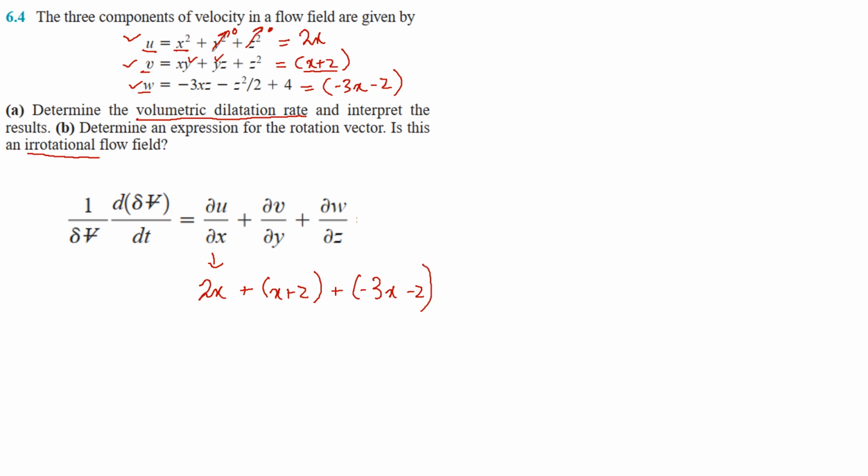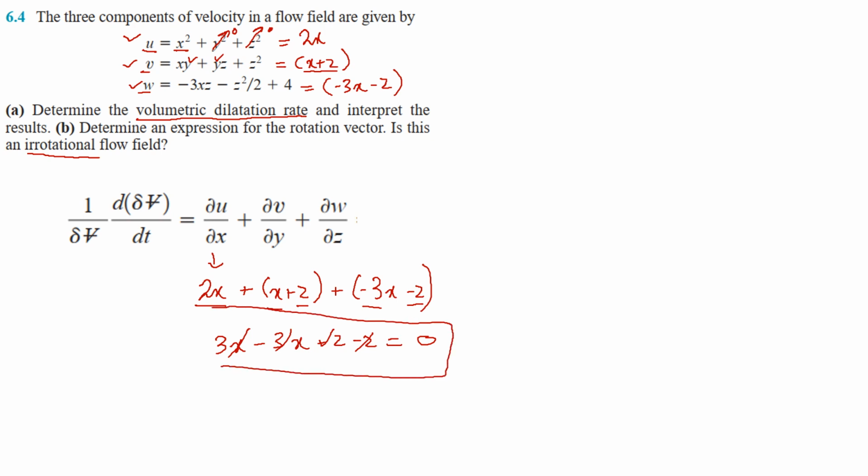So now this 2x and x will come out to be 3x, and this z and minus z will cancel out, and we will have minus 3x and plus z minus z, and that is equal to 0 because all these terms will cancel out. So there is no volumetric dilation. As you can see, the volumetric dilation rate came out to be 0.